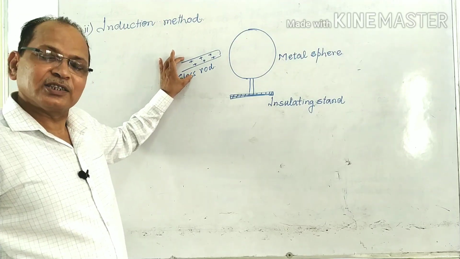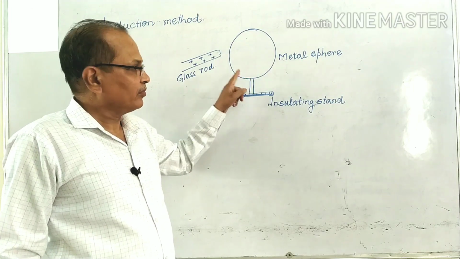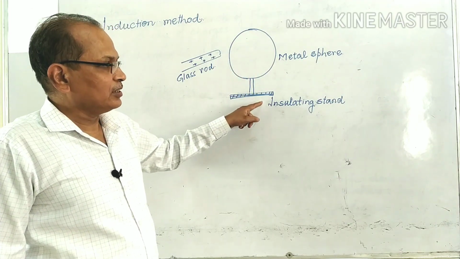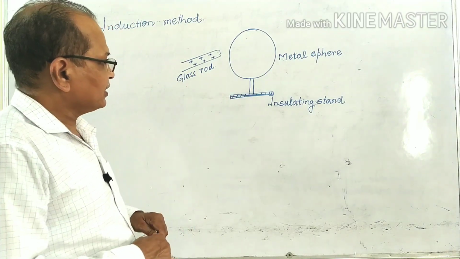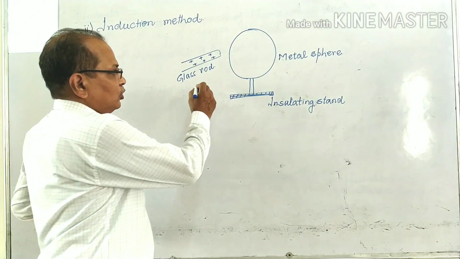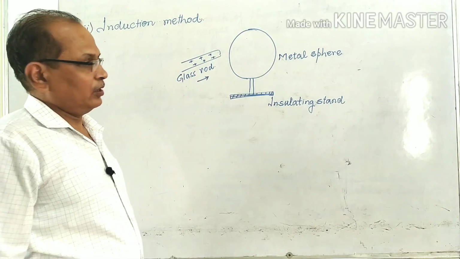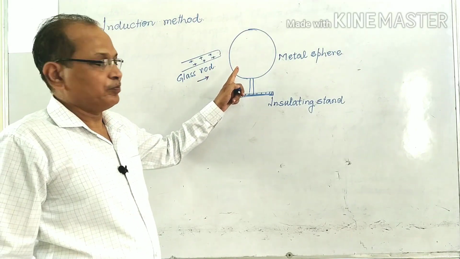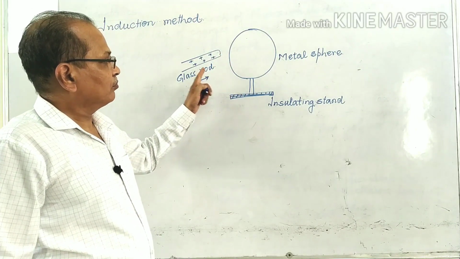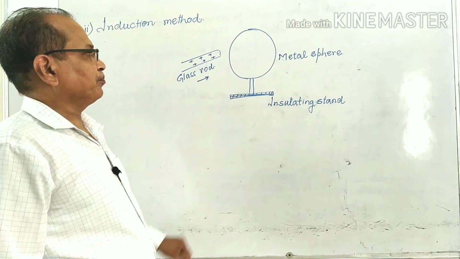It is a metallic sphere and this is an insulating stand. If we bring this glass rod towards the metallic sphere, don't touch the glass rod to the metallic sphere. Only put this glass rod close to the metallic sphere.